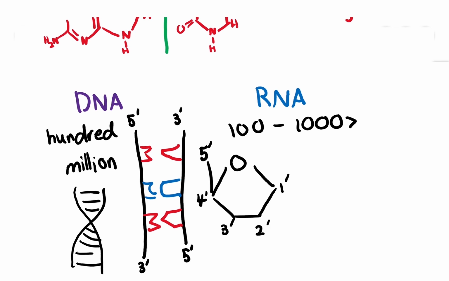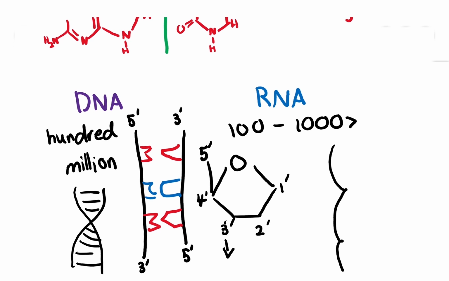And this kind of hints to where these nucleotides are linked. So each nucleotide links from its 3' to the 5', and it goes downwards. Cool. So RNA is a bit more simple, and it only has 1 helical strand.